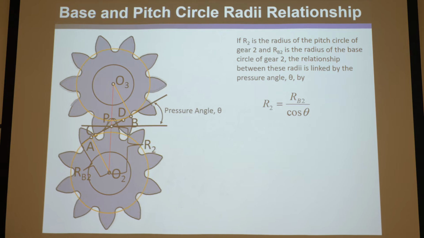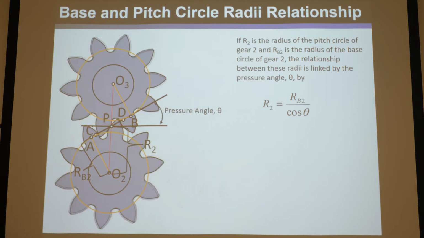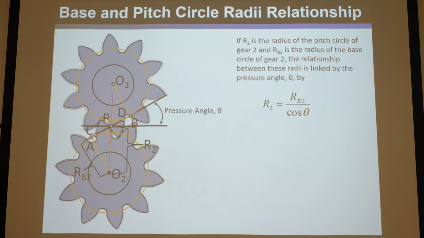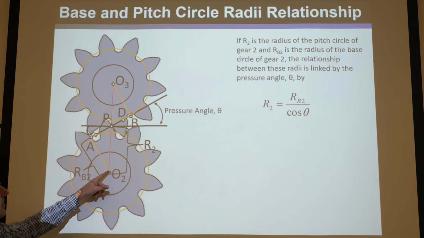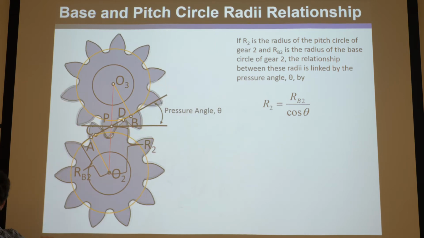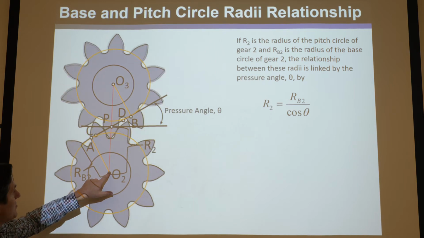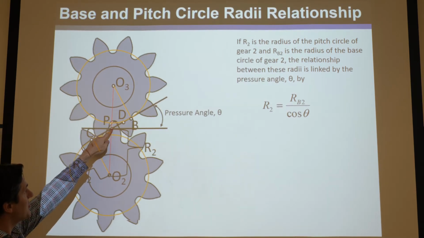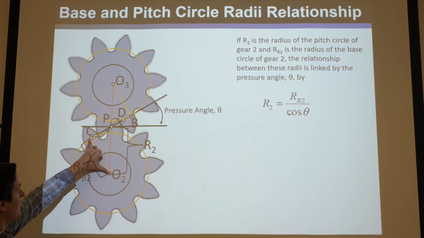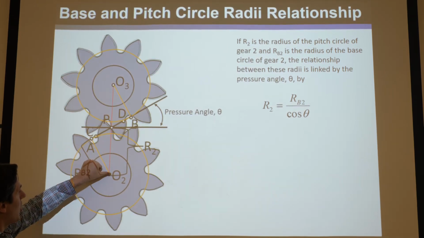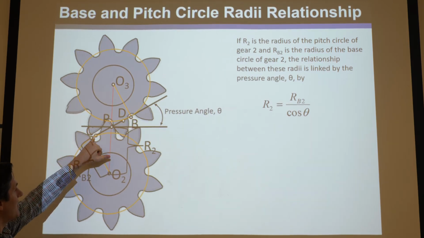Okay, so if R2 is the radius of the pitch circle of gear 2, and RB2 is the radius of the base circle of gear 2, remember, R2 would be the pitch circle's radius, which would go from here to here, the pitch point, and RB2 is the base circle, the orange circle's radius from O2 to, sorry, from O2 to A. C is not the same thing.